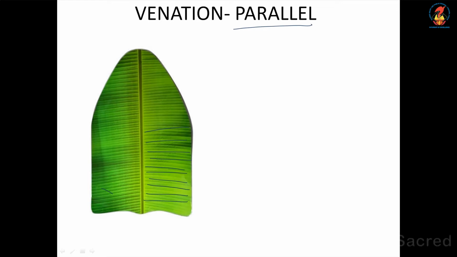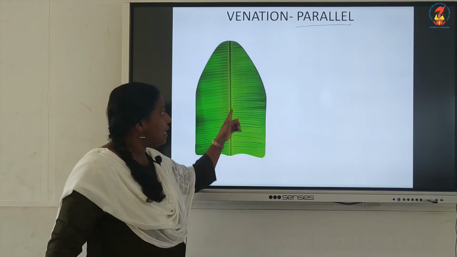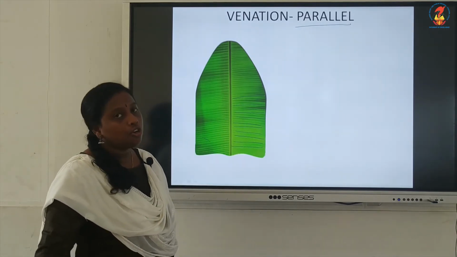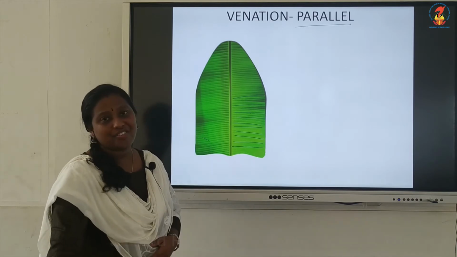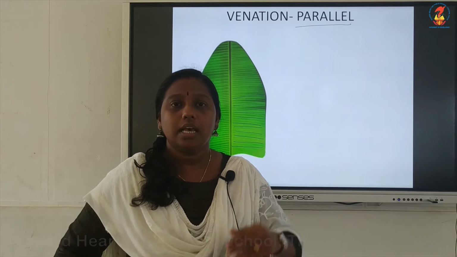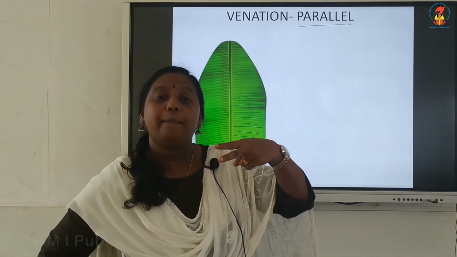So, the first case where the veins were arranged to form a network, you call it as reticulate, and the second one where the veins are arranged one below the other in a parallel fashion, you call it as parallel arrangement. So, you are actually having the veins in two different arrangements, reticulate and parallel.